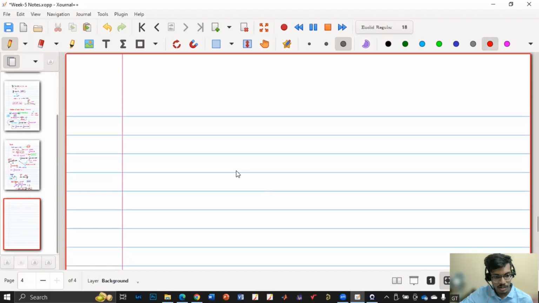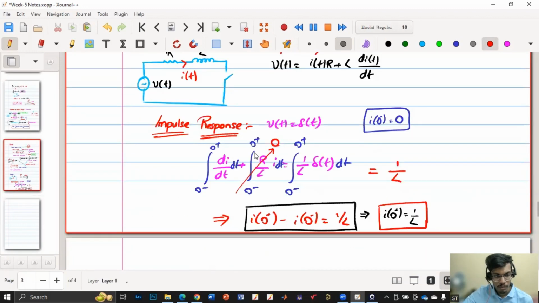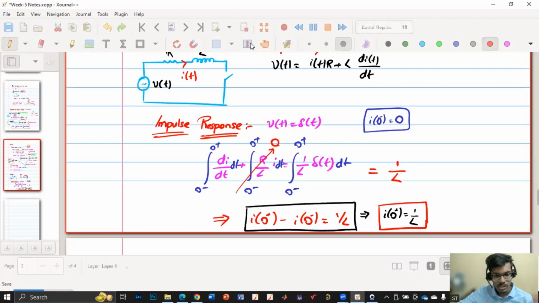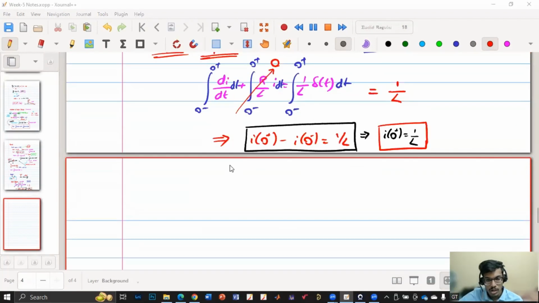I have considered one RL circuit and I have planned to find out the impulse response. So what I'm trying to do is I have replaced the input with delta of t and then I got this boundary condition. Now, I'll be doing exactly the same thing I did for the previous problem. I'll rewrite the given differential equation for t greater than 0.